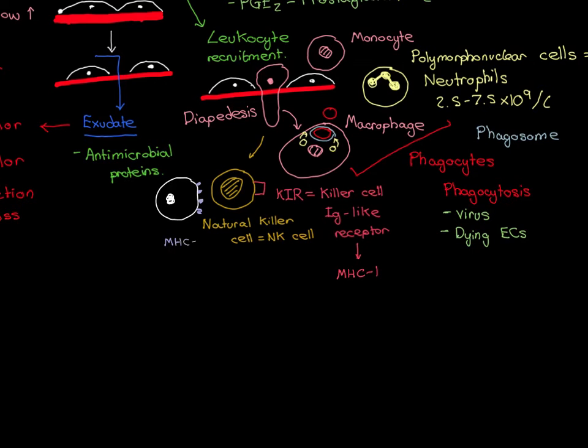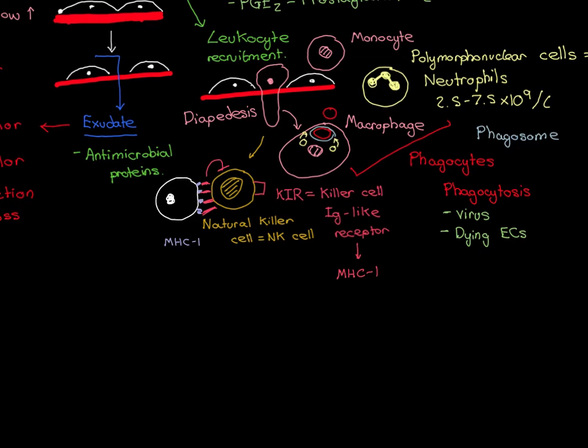So let's say this cell isn't virally infected and has a lot of MHC class 1 on its surface. What will happen is the KIR receptors of the natural killer cell, they will bind to the MHC class 1 and they will now deliver an inhibitory signal to the natural killer cell. These will inhibit the natural killer cell and they will say, do not kill this cell. This cell is behaving perfectly.